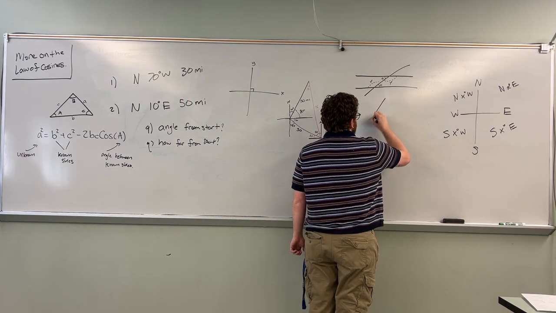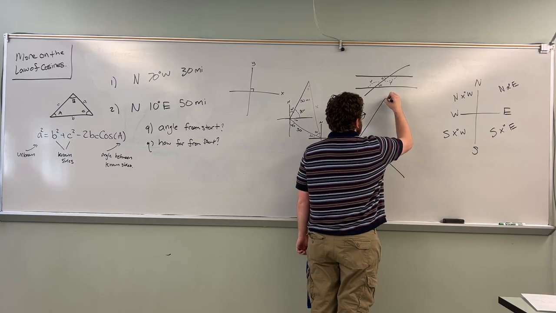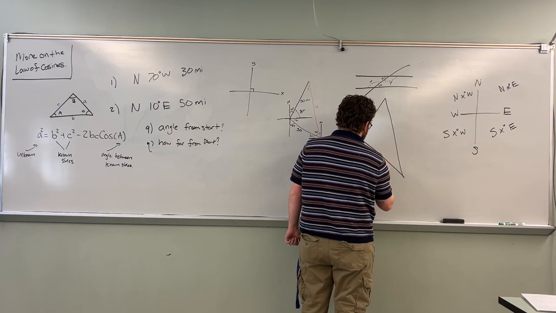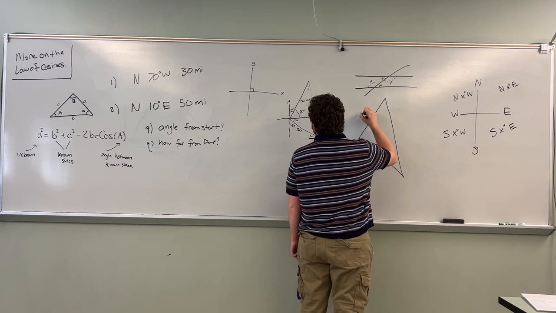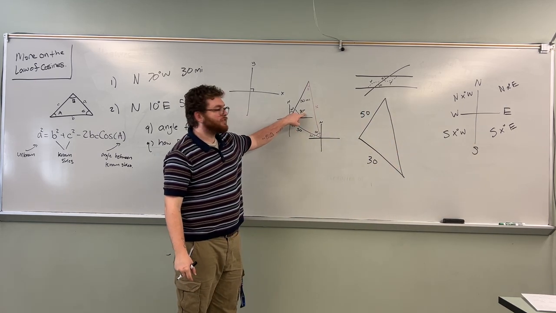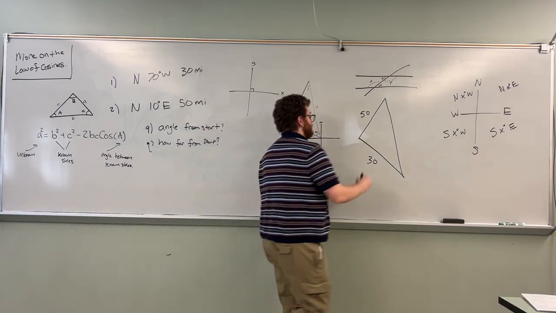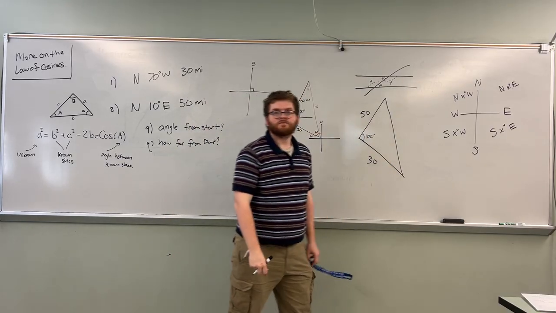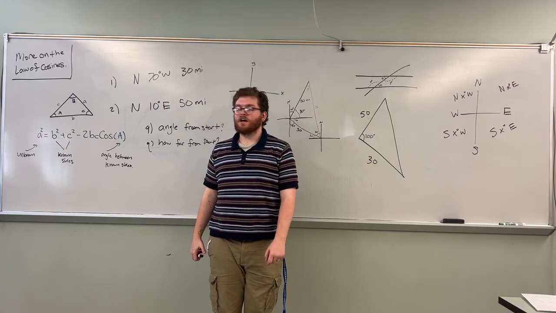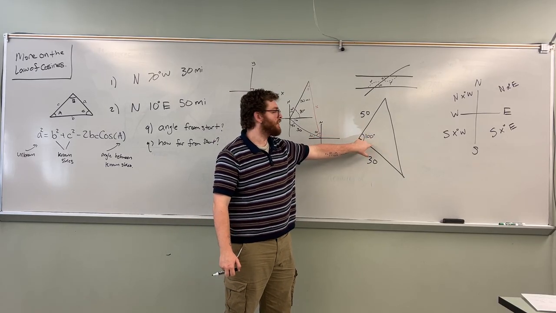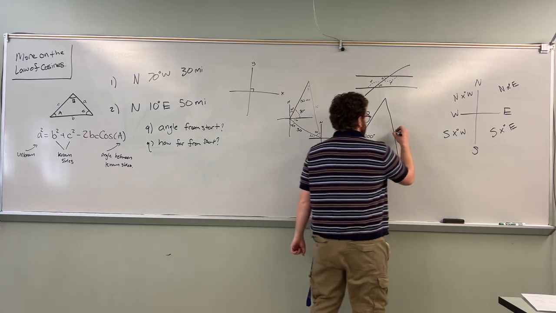So I've got a little bit of information there. I've got 30, I've got 50, and the angle between them is 20 plus 80, which is 100. And now I've got this set up for law of cosines. I've got two known sides and an angle between them. And here's x.